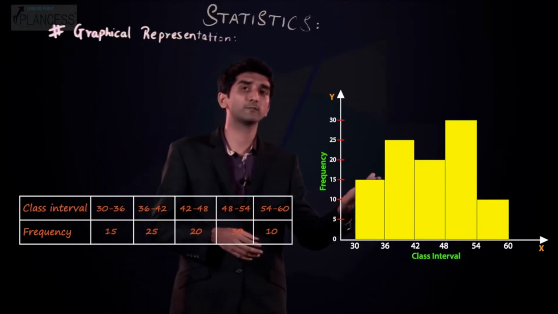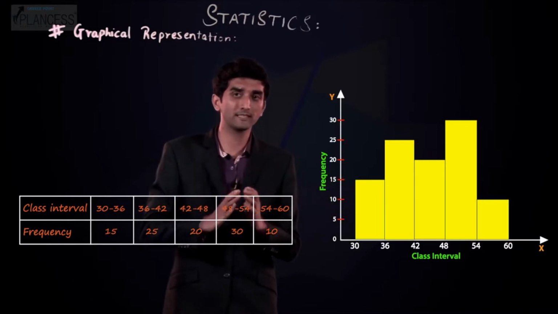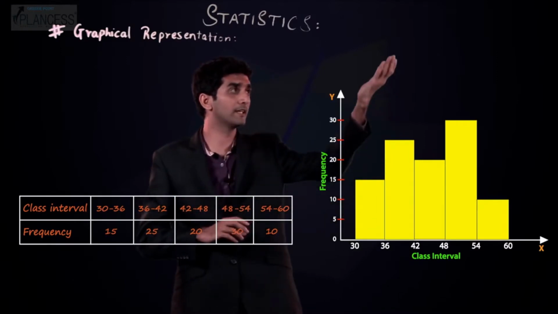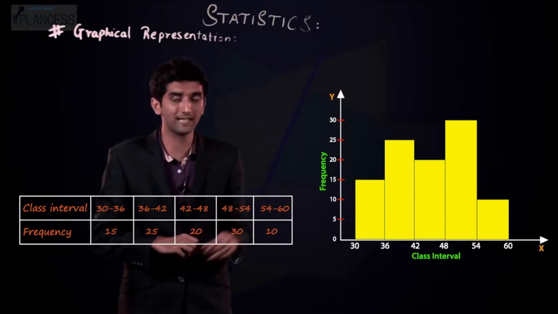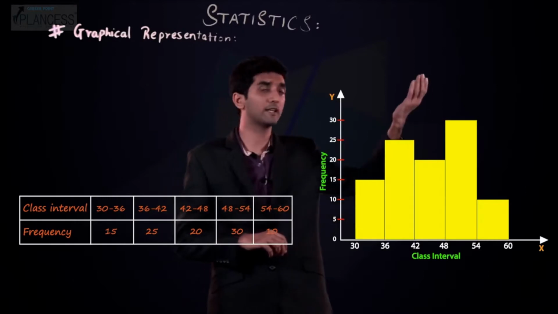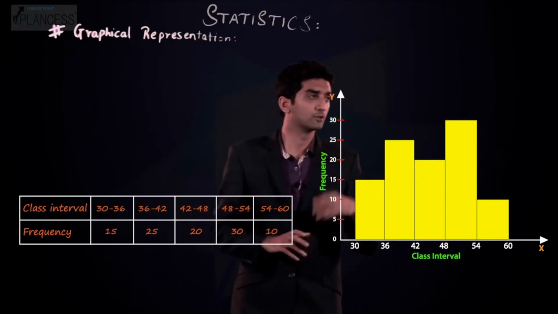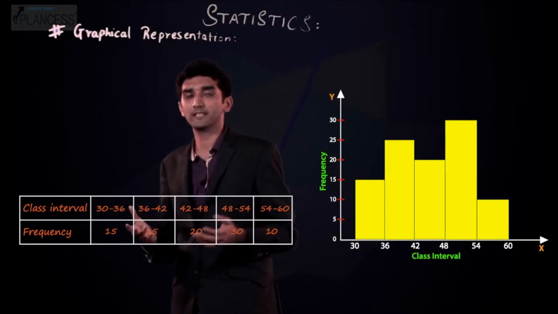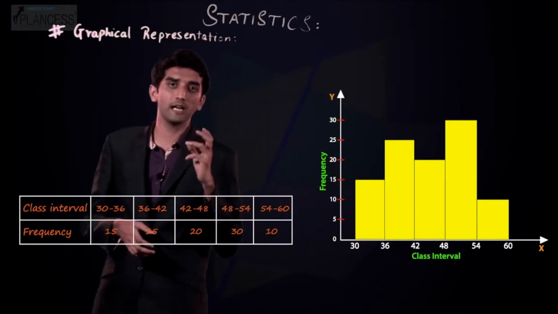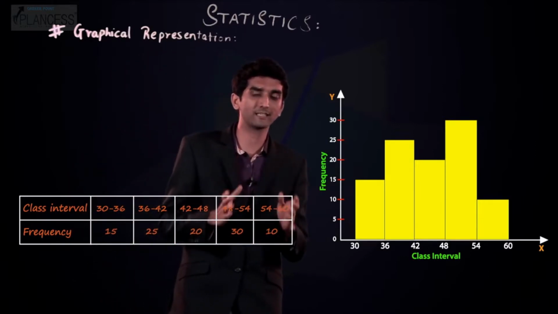The second class from 10 to 20 has 7 students scoring in that range, so the frequency is 7 and the building needs to have a height of 7. Then for the third class, a building of 6, then 5, and lastly 6 again. So this is how a histogram is created for the same data for which we made a frequency distribution table, and mind you, it was in the exclusive form.